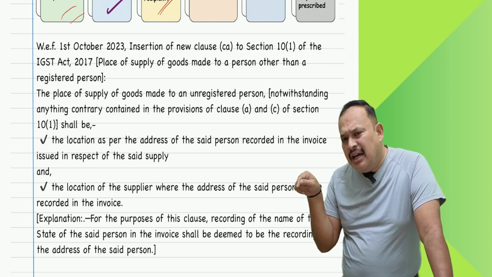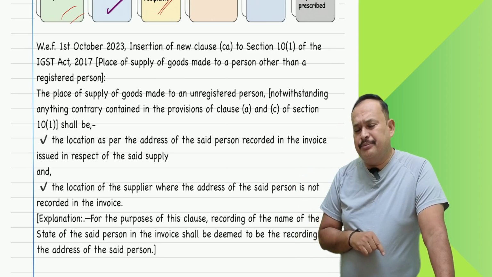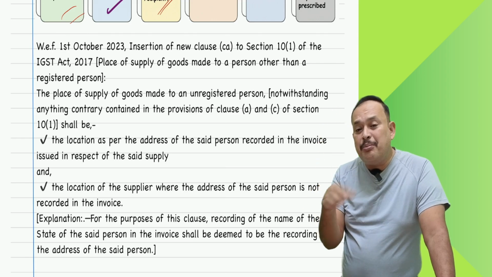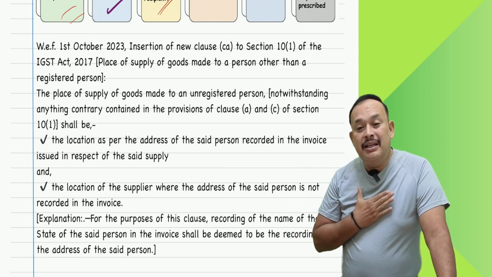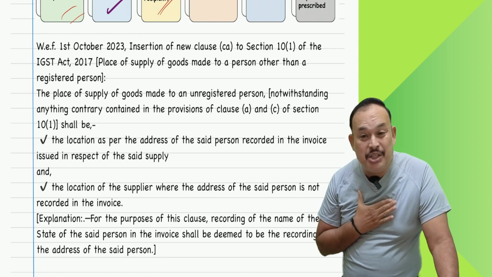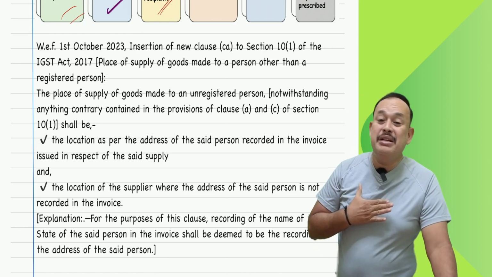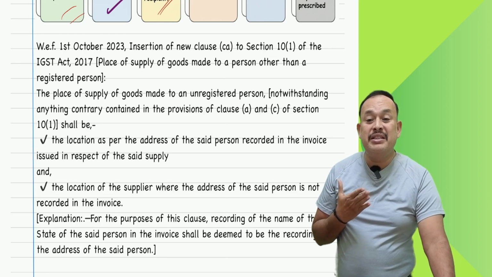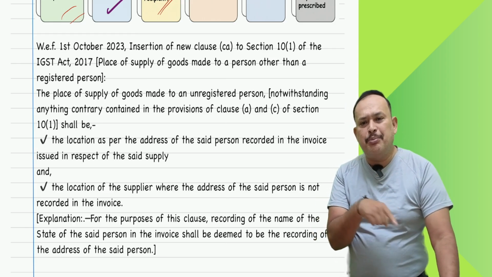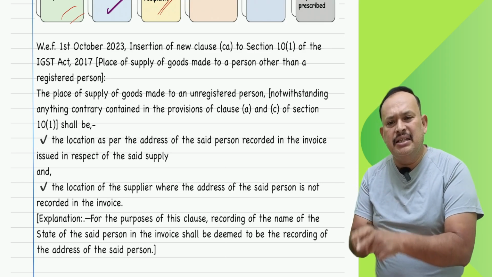Now, the seller in Tamil Nadu is a registered person. What is the place of supply for the seller? The buyer is an unregistered person whose state name is available, which is West Bengal. That is the place of supply for the seller in Tamil Nadu.